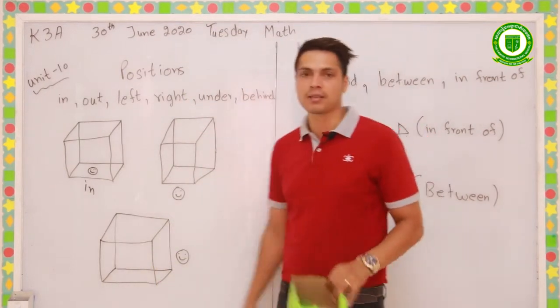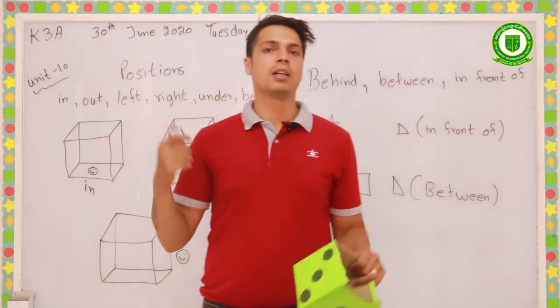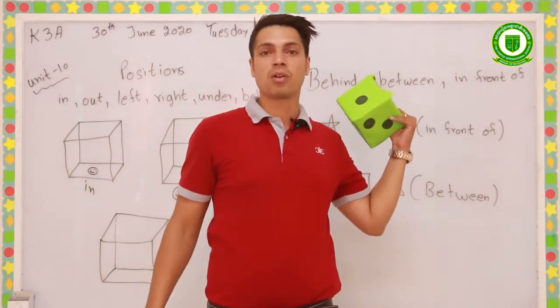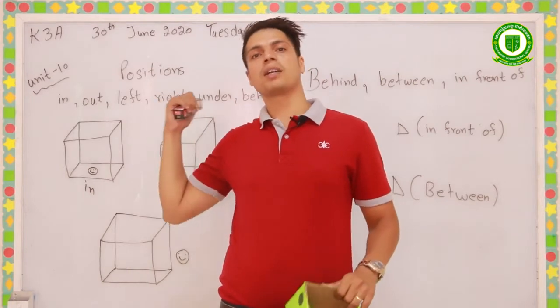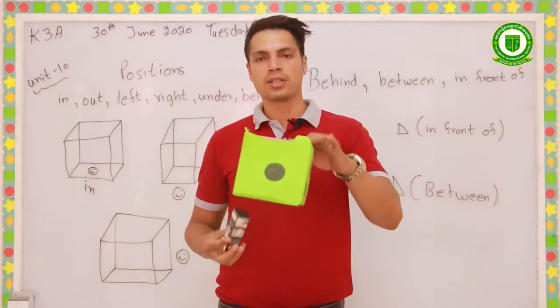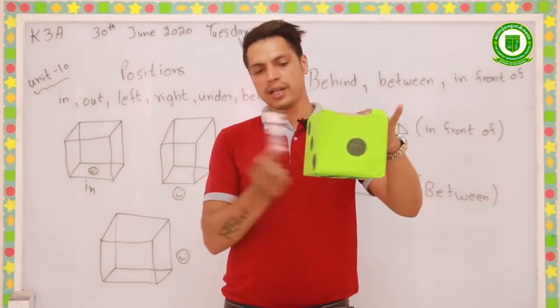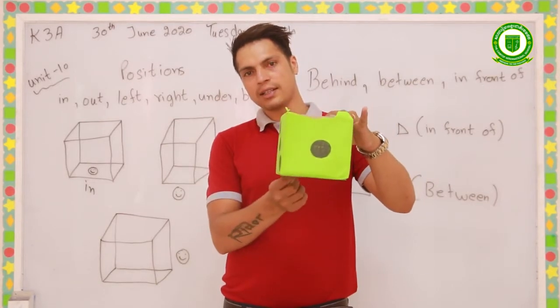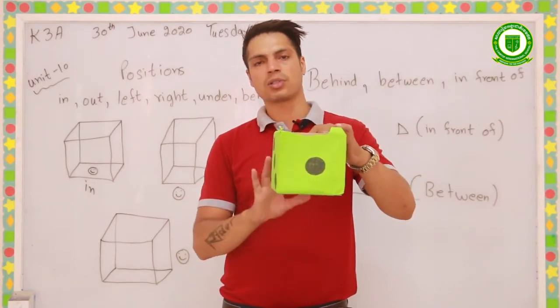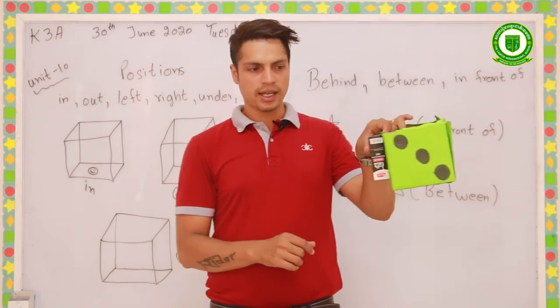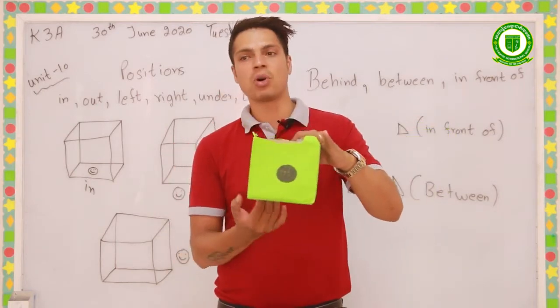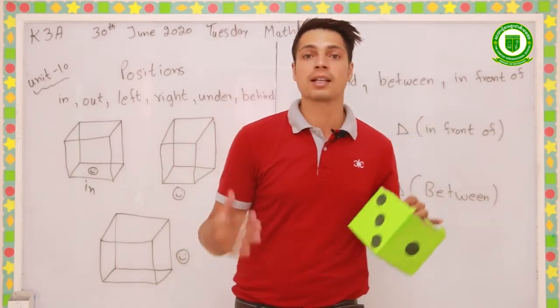Next, behind, at the back. What is at the back of me? It's the whiteboard. The whiteboard is behind me. I place it here, so it's behind the box, and you cannot see it. Behind means what is at the back.